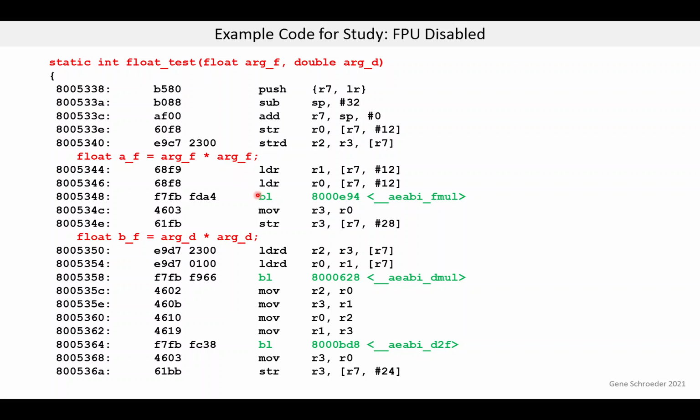In this case, since it's disabled, the compiler inserts a function call to a routine in the C runtime library. In this case, it's fmul for float multiply. And that's the difference. In this case here, we're doing doubles, and since the FPU doesn't support doubles, this doesn't change.